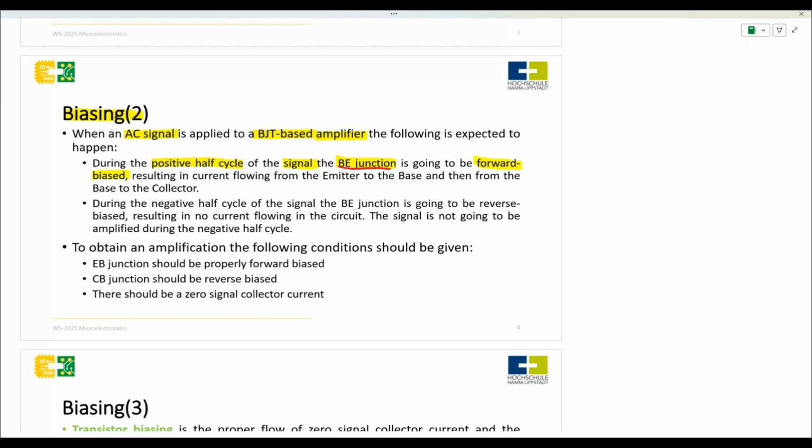So it will be forward biased, resulting in current flowing from the emitter to the base.